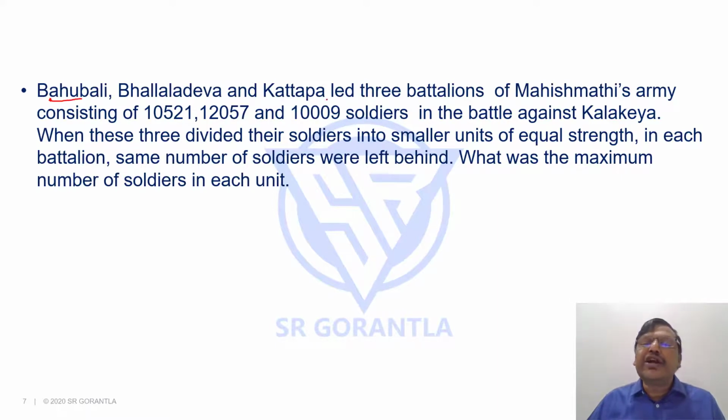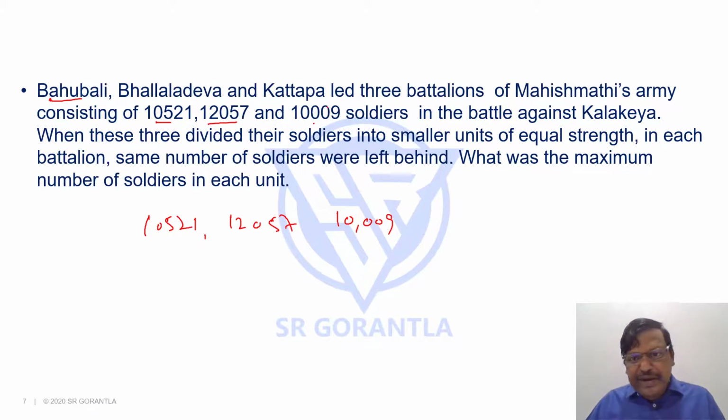Bahubali, Bhalal Deva and Kattappa lead 3 battalions of Mahishmati's army, and they have how many soldiers in their battalions? Bahubali has 10,521 and Bhalal Deva has 12,057 and Kattappa had 10,009 soldiers in his battalion, in the battle against Kalkeya.